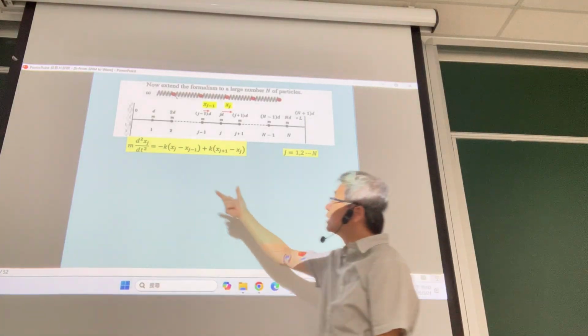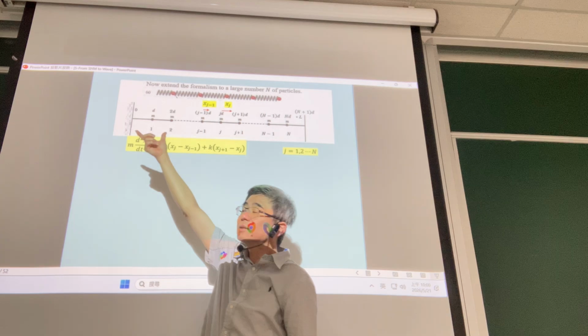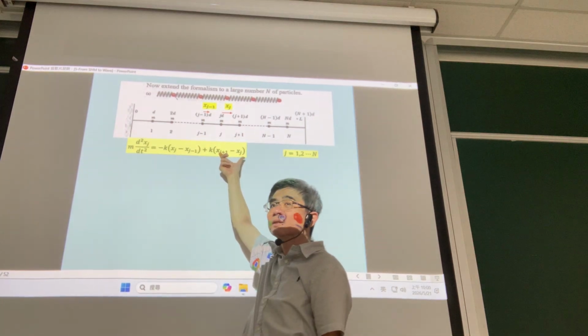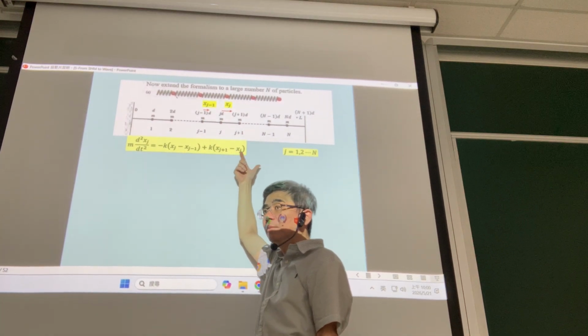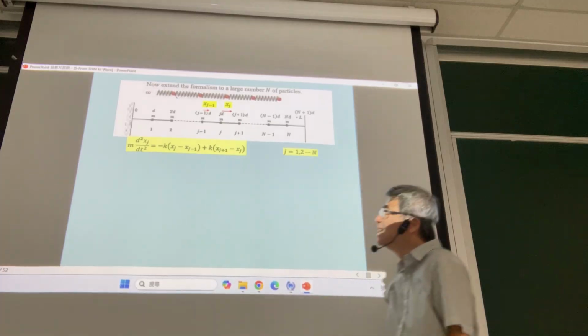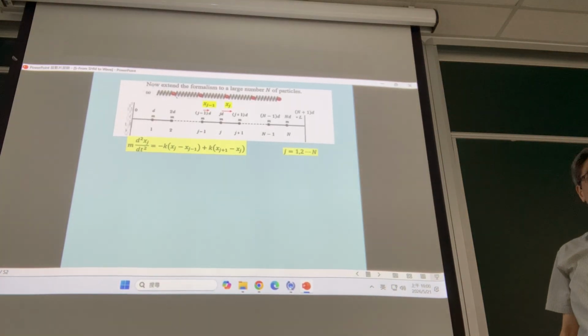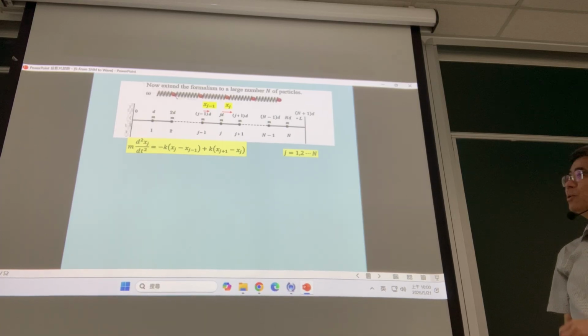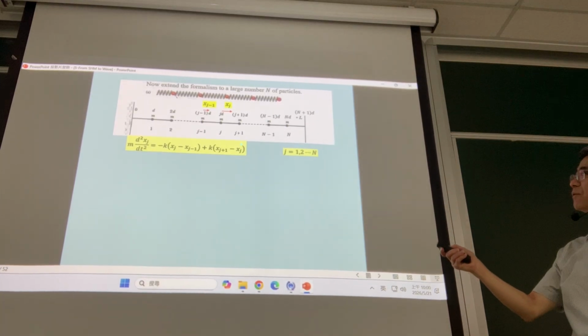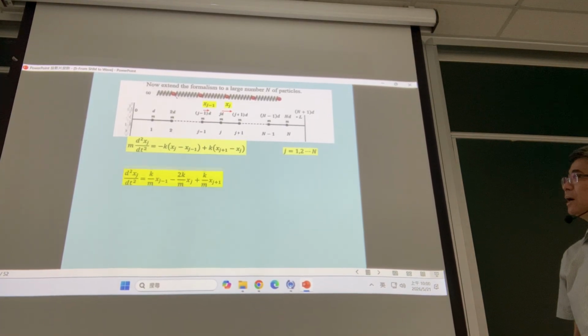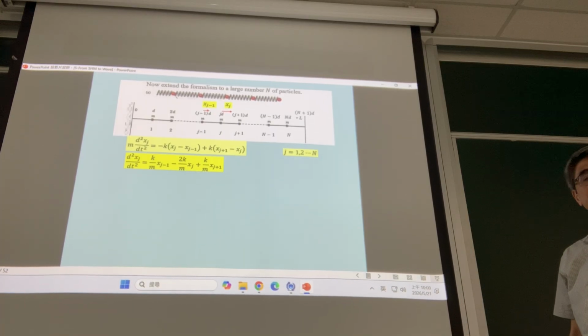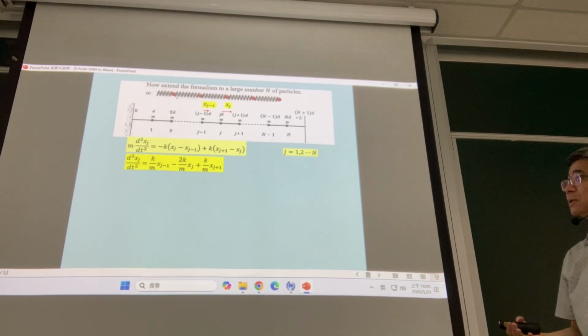This is the force exerted by the left-hand side spring, and this is the force exerted by the right-hand side spring, just like before. Except that now we do not only have three equations. In the three-body case we have three equations, but here we have n equations. So it's a much more complicated system, even though it follows the same pattern.